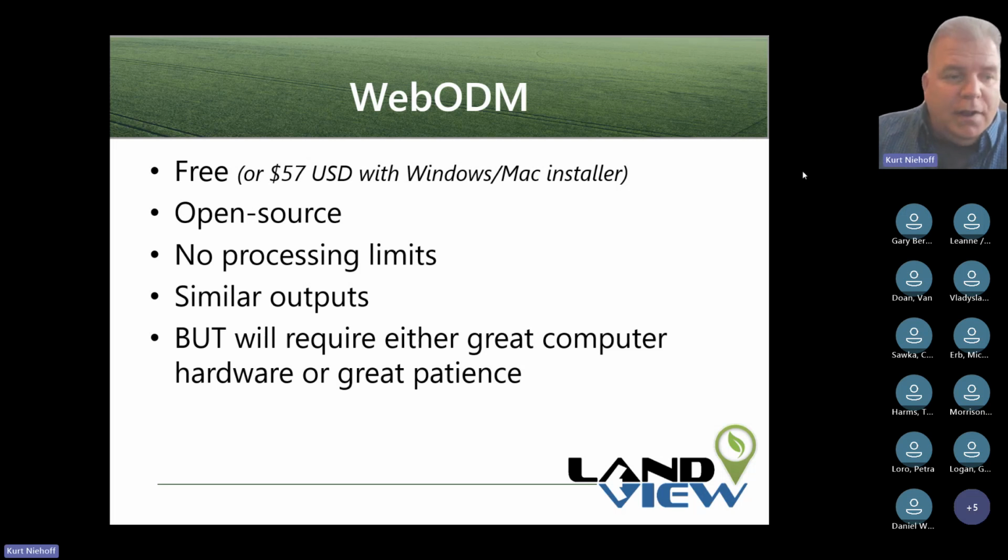WebODM I include in this list because it's priced right for a lot of people. It is absolutely free. If you spend $57, it simplifies the install process. But if you're downloading from GitHub, it's free. With a Windows install system, it's a $57 one-time purchase, no subscription. So if you have a good computer, this actually is a pretty decent process.